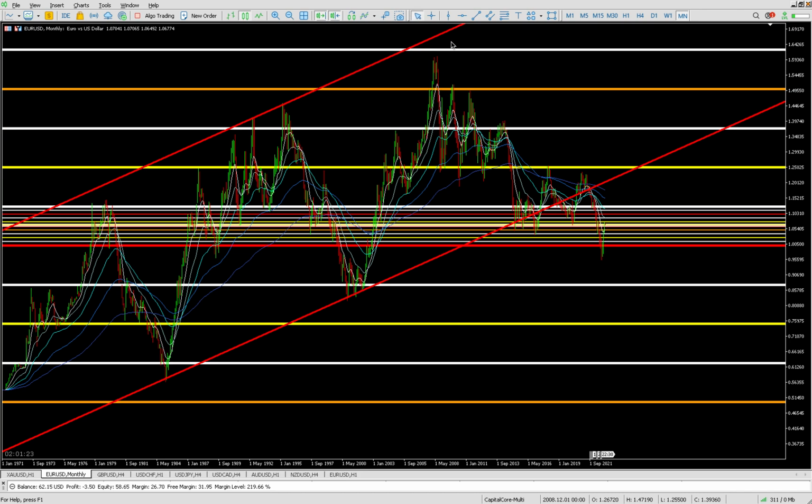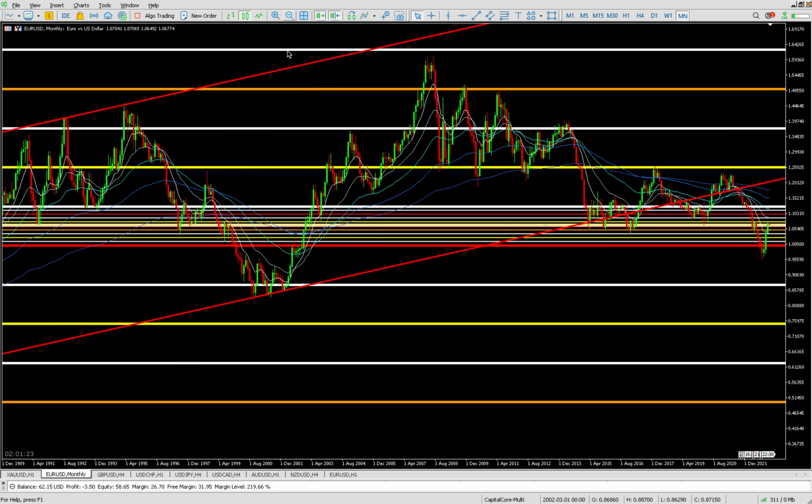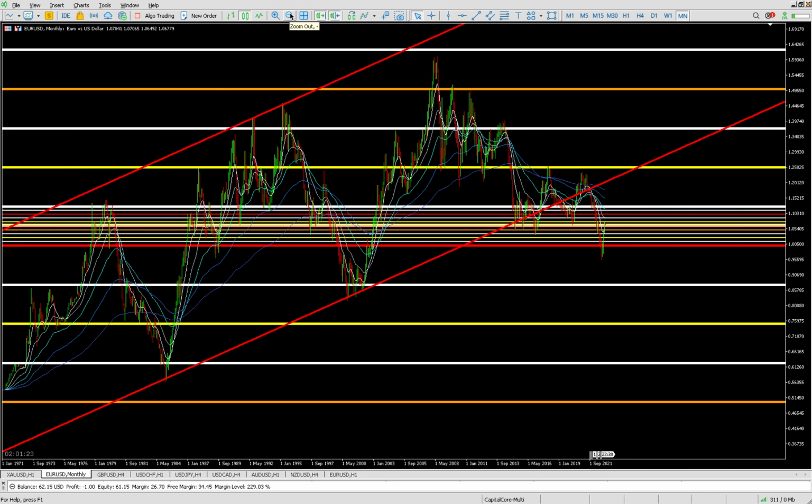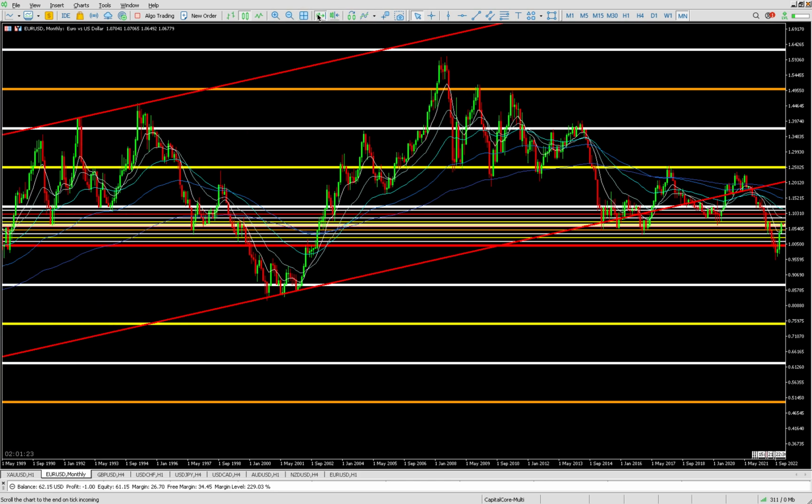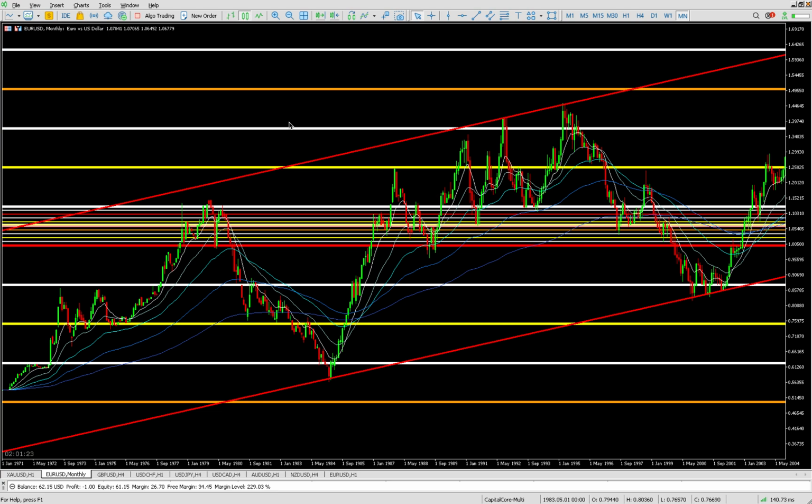So anyway, what happened was we came up here and just rejected off of this perfectly. Actually, if you look, how you draw these on Euro USD is you go from point to point, and then you drag.